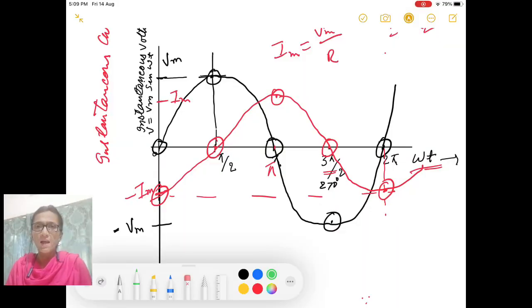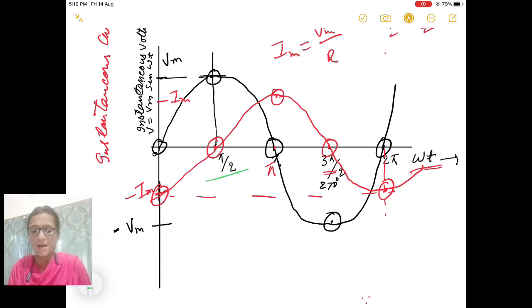So in a purely inductive circuit, you can see here the diagram between instantaneous current and instantaneous voltage versus omega t. At omega t equal to pi by 2, you will find that instantaneous current becomes equal to 0. But at the same omega t, pi by 2, instantaneous voltage becomes highest.